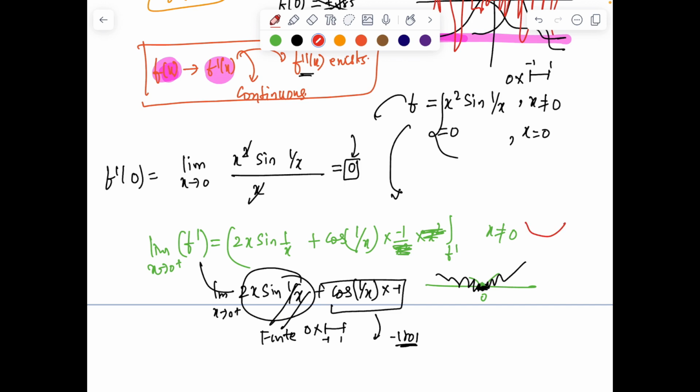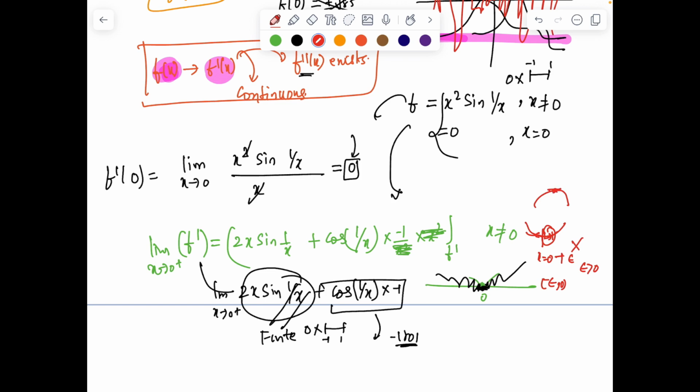But f dash 0 being 0 does not mean that in the nearby vicinity the function was increasing and before that it was decreasing. Let's say at x equal to 0, it does not mean that between 0 and some epsilon, where epsilon is a positive quantity and too small, the function is increasing, and from minus epsilon to 0 the function was decreasing. It doesn't mean that at all.